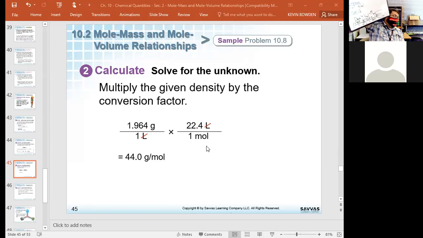Now you can look on Google and find a more exact molar volume, but all that you need to know for this class or even in college is 22.4. That's enough. 3 sig figs is pretty good. Even 2 is acceptable. 1 is why did you even bother? But 2 or 3 is kind of the sweet spot. 4 is maybe getting a bit excessively accurate, or precise, I should say.